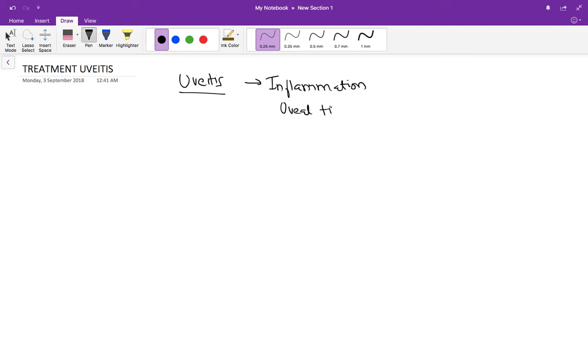If we want to ask about the drug of choice, anything that acts on the uveal inflammation and decreases the inflammation would decrease the activity of uveitis. So my drug of choice for any type of uveitis is steroids, which decrease the inflammation part.